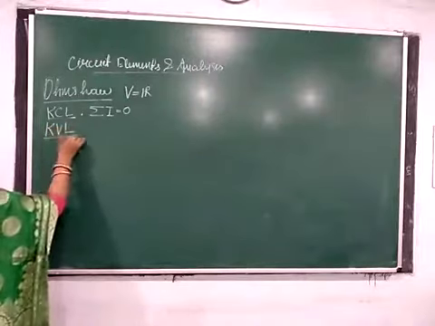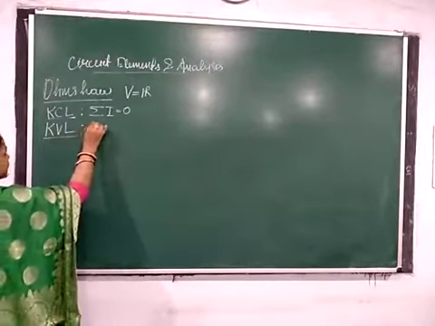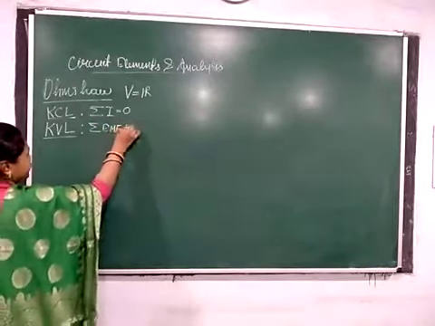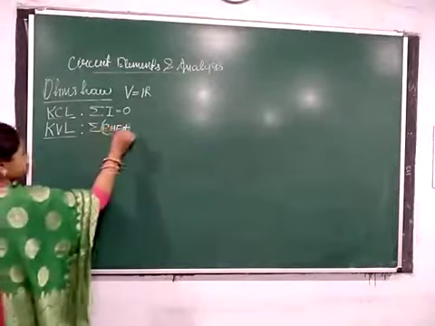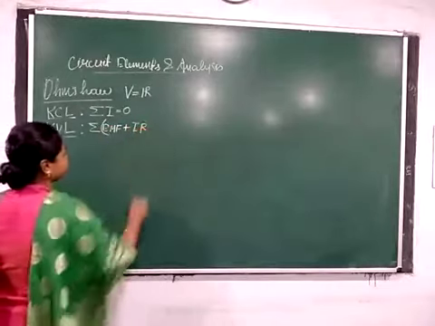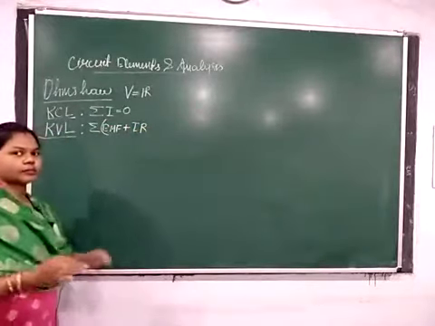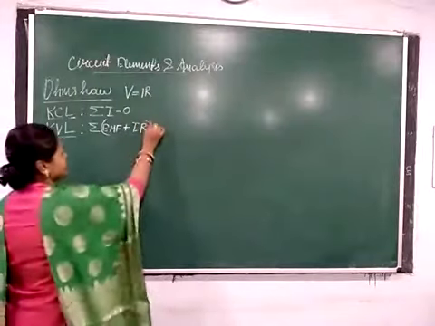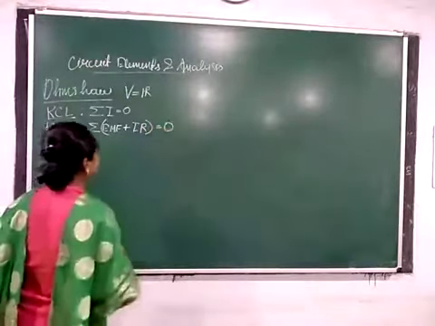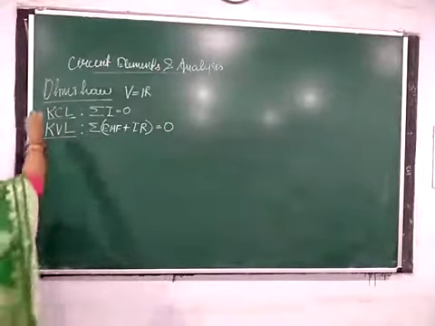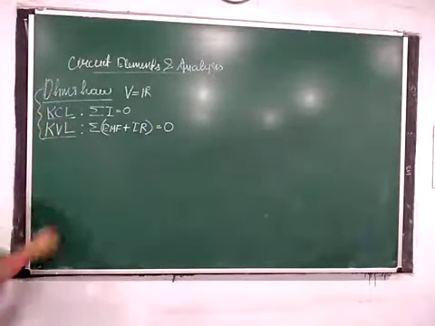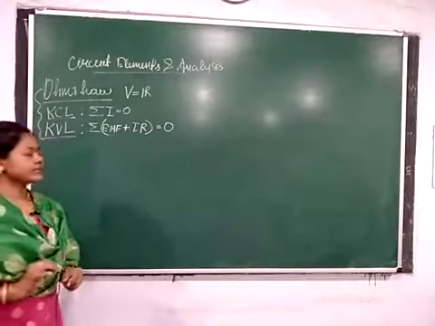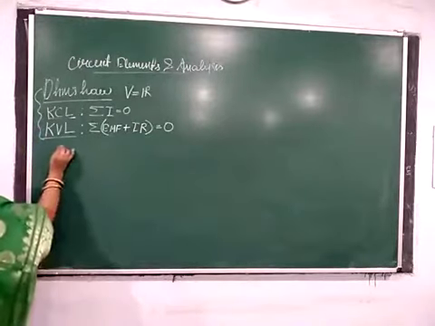Kirchhoff's voltage law states that the algebraic sum of EMFs and voltage drops, or the products of current and resistance, in a closed path is equal to 0. Based on these three laws, we find equivalent resistance in a series circuit and a parallel circuit.